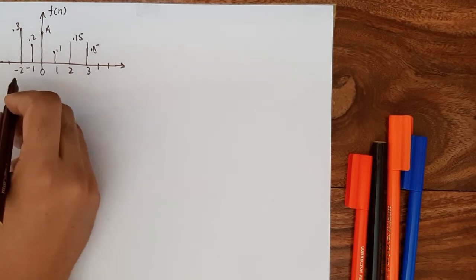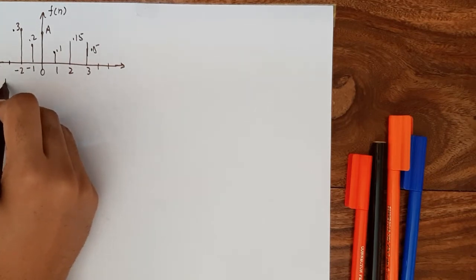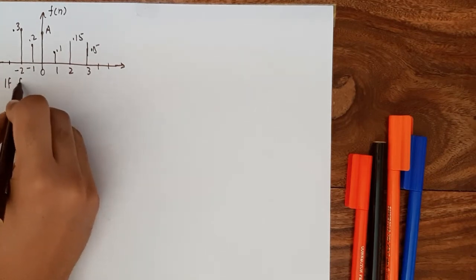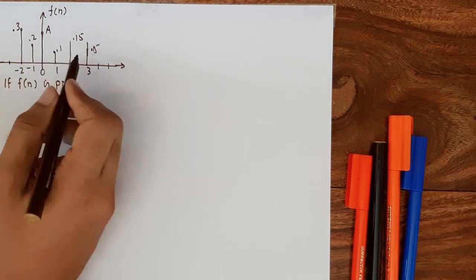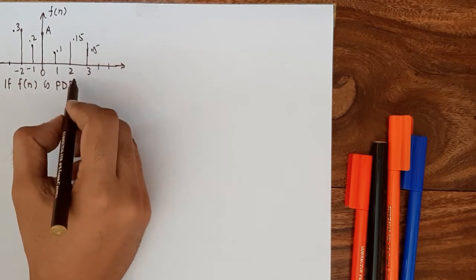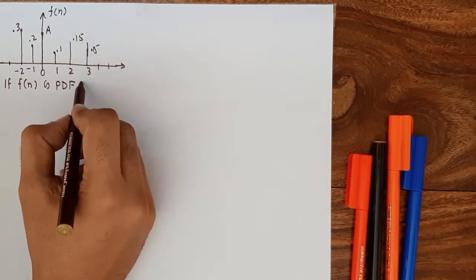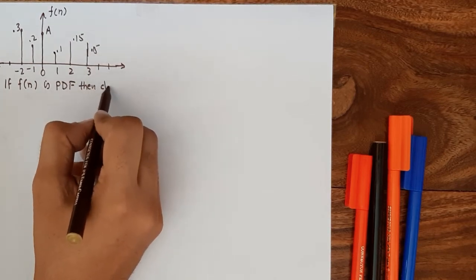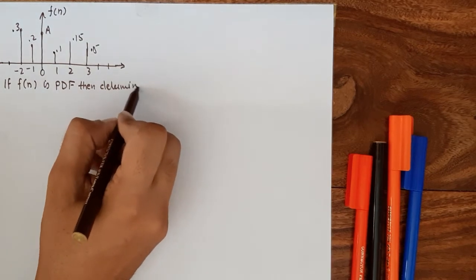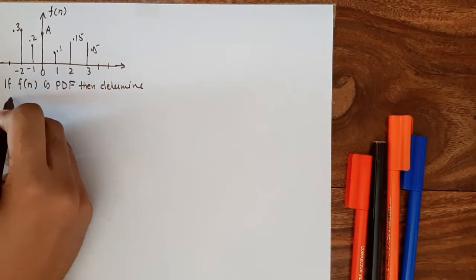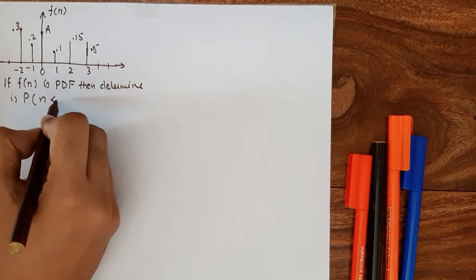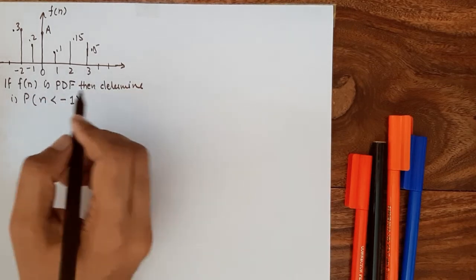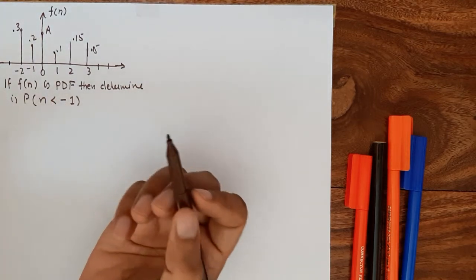Now, if you were to answer these questions, that if the function is the PDF, which is the probability distribution of some random variable, then determine, the first thing that it asks is to find the probability of all the events where n is less than -1.